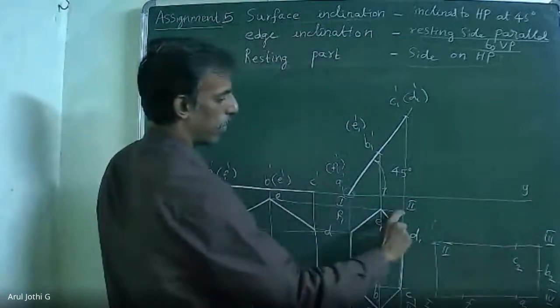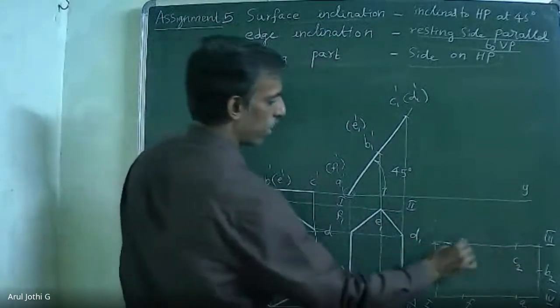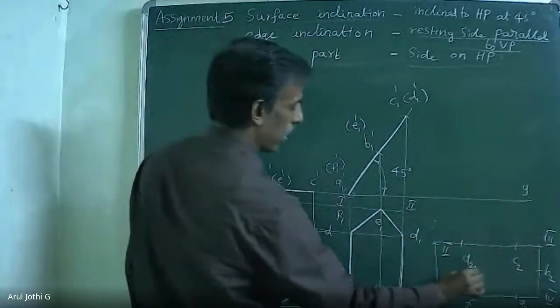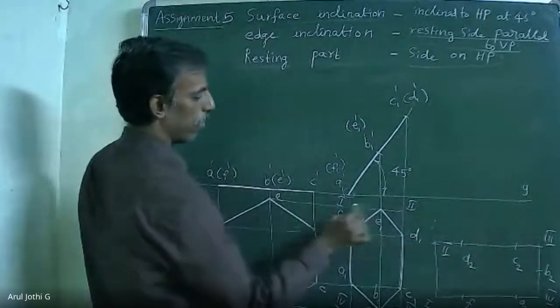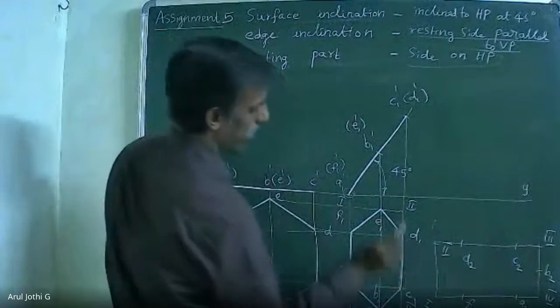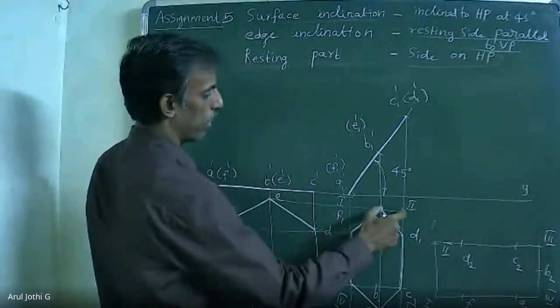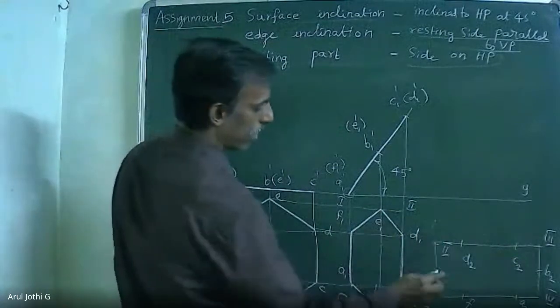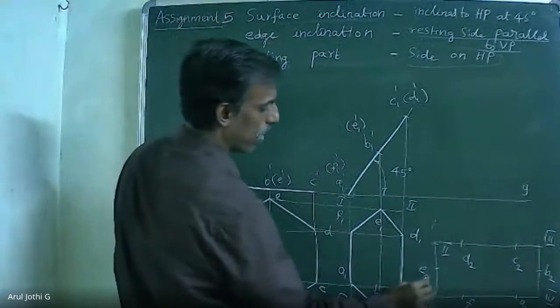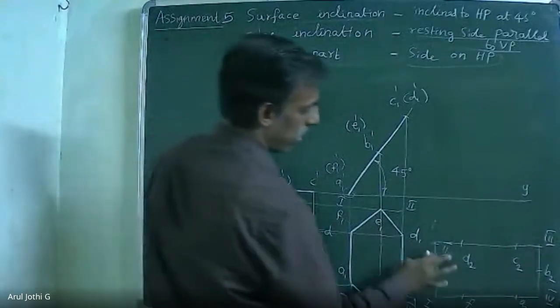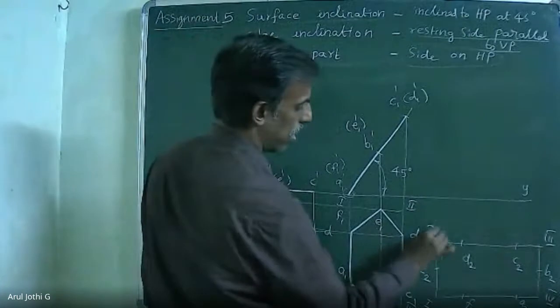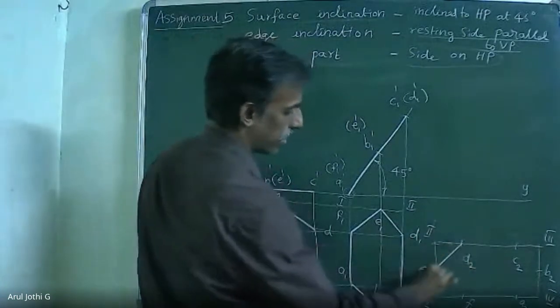Then measure 2D1 and transfer here. The E is available on 2, 1. On 2, 1 you have to transfer E. Measure 2E1 and transfer here. Now join all the points.